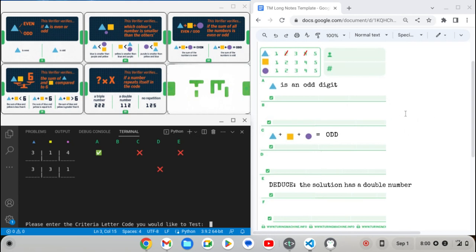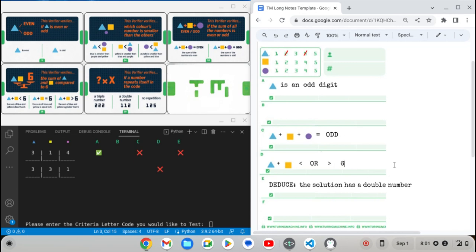That was criteria card D. So what we'll do is we'll type it up and say that the sum of triangle and square should either be less than, or greater than 6.